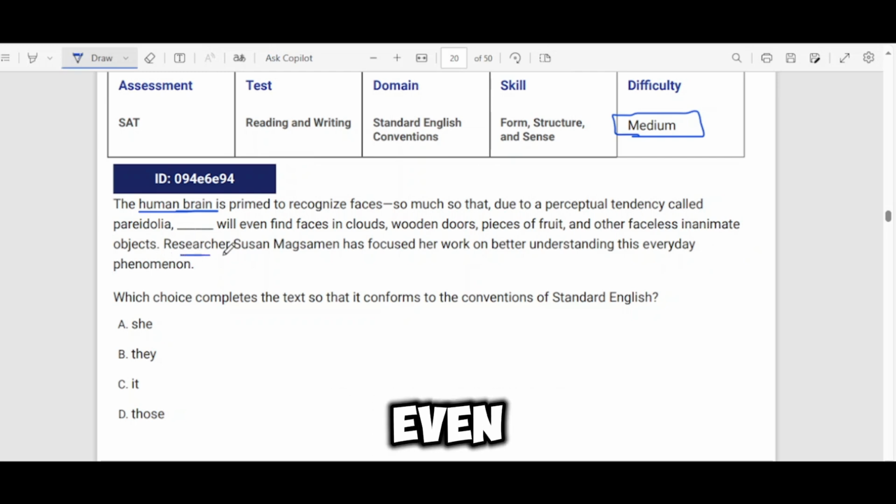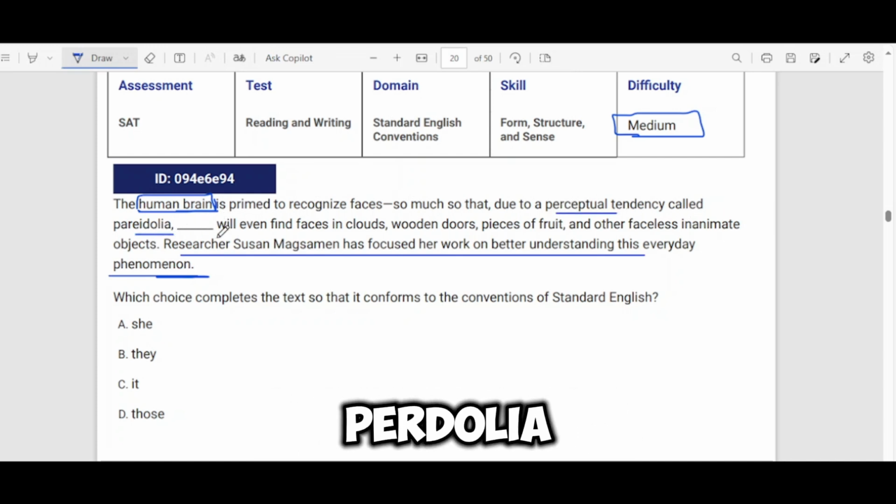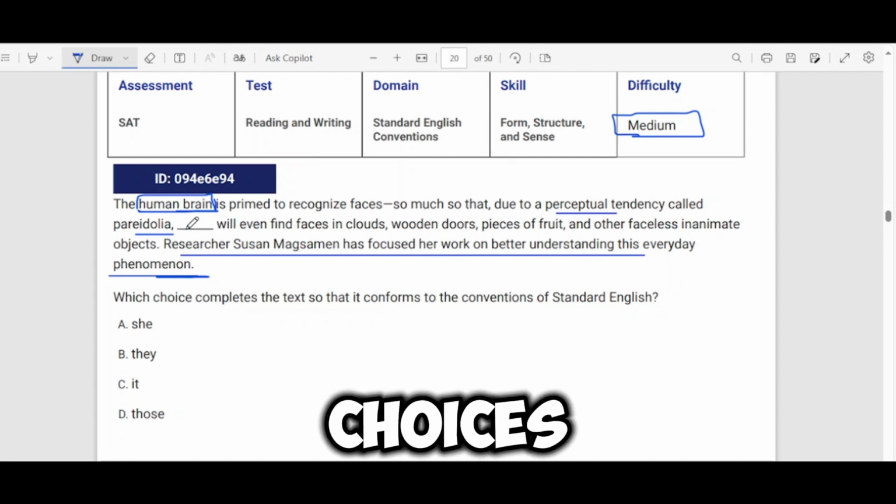We don't even need to read the rest of this. We already know that we're talking about a singular subject. So what will we be expecting here? We will be expecting a singular. Perceptual tendency called pareidolia, dash will even find faces. What will even find faces? It will.